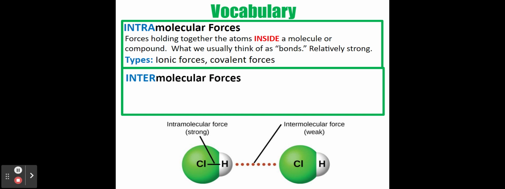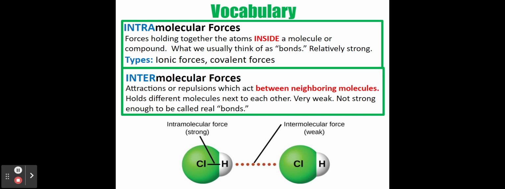The other vocabulary word we want to learn is intermolecular forces. Now, intermolecular forces, inter means between. So these are going to be the attractive forces between the molecules, not within a molecule. And so when we're talking about intermolecular forces, we're talking about the attractions or the repulsions that act between neighboring molecules.